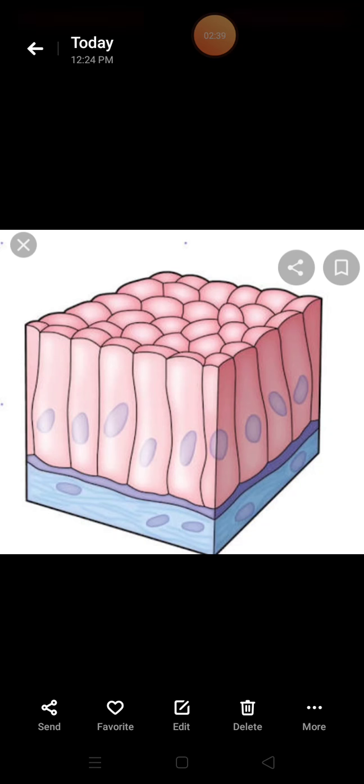The question will be, what is the name of the base where all the tall pillar-like cells are situated, and also the name for such a group of cells, and where is it most abundantly present in the human or animal body?